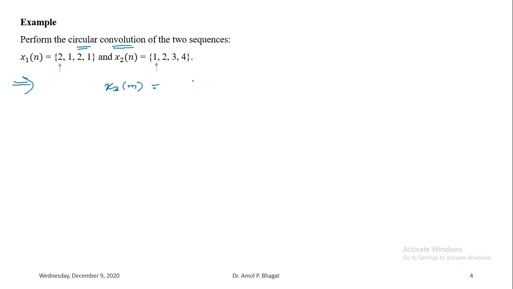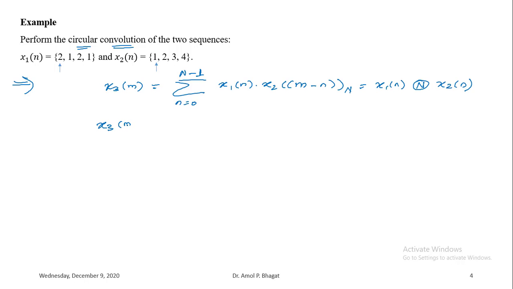The formula for the circular convolution is the summation over n equals 0 to N minus 1 of x1 of n multiplied by x2 of (m minus n) modulo capital N. So this is nothing but the circular convolution of x1 of n with x2 of n, right?